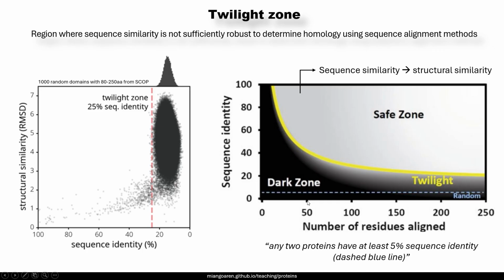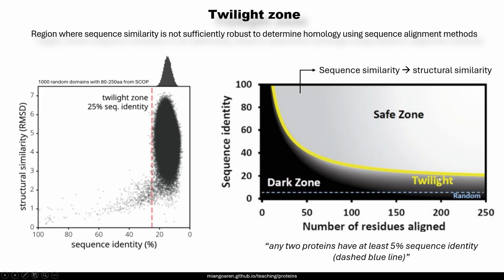In this sense, when we compare sequences of approximately 100 residues and their sequence identity is 80, we could have some certainty that this similarity at the sequence level would also translate into similarity at a structure level.